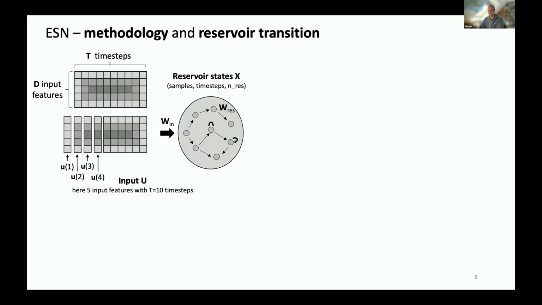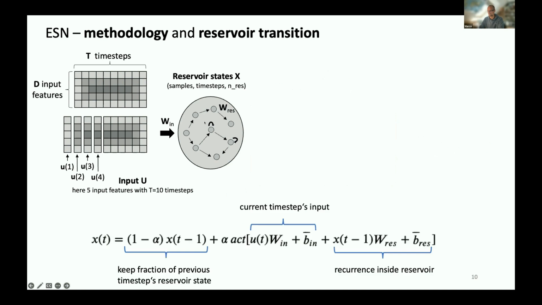So how does it look in detail? We have these time steps to feed into the model. And whenever we feed something in the reservoir, it unfolds its dynamics, and that can be characterized by this state transition function. I don't want to go into too much detail, but there are 3 parts involved in the reservoir state transition.